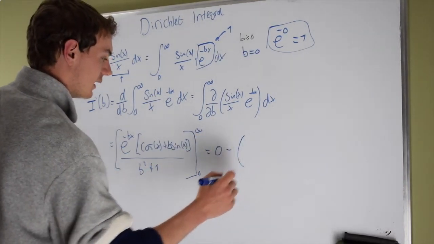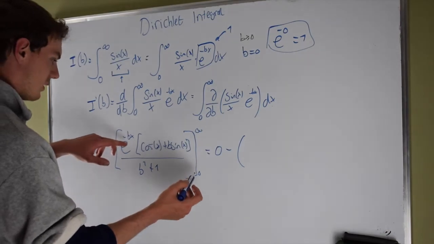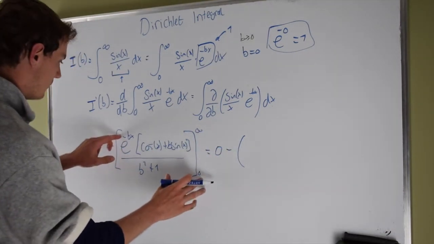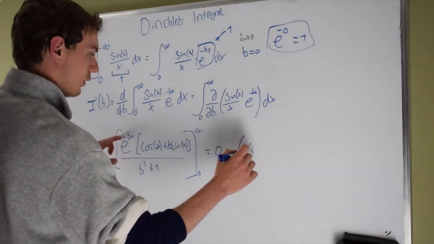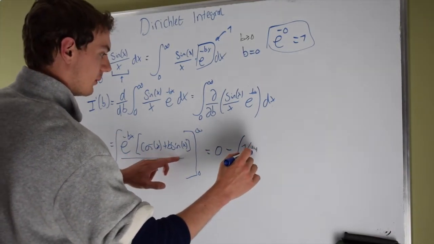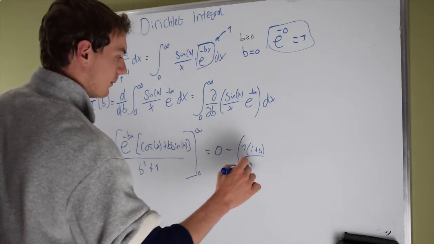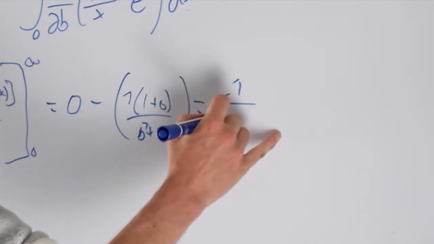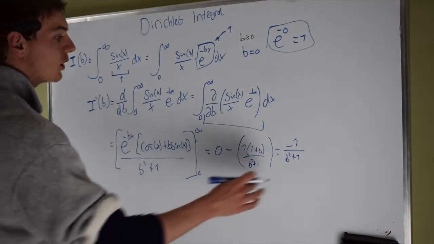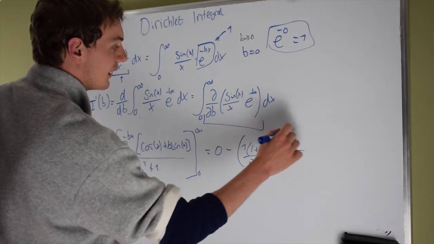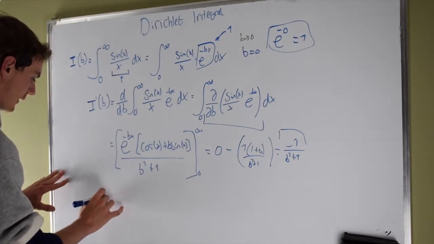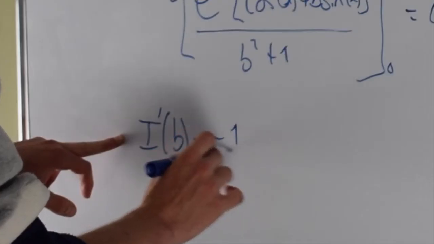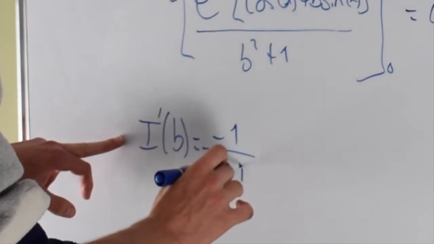We have minus the fact that cosine of 0 is 1, while sine of 0 is 0, all over b squared plus 1. So you get that it is minus 1 over b squared plus 1. So we can say that I prime of b equals minus 1 over b squared plus 1.